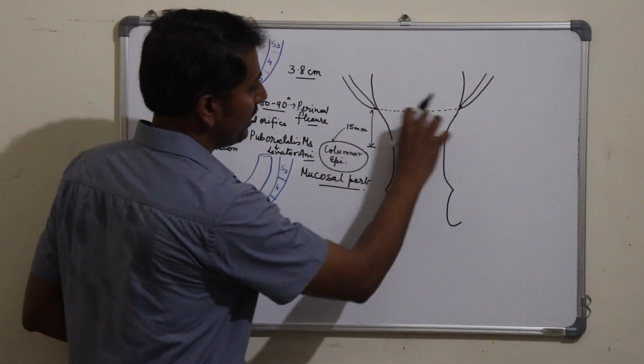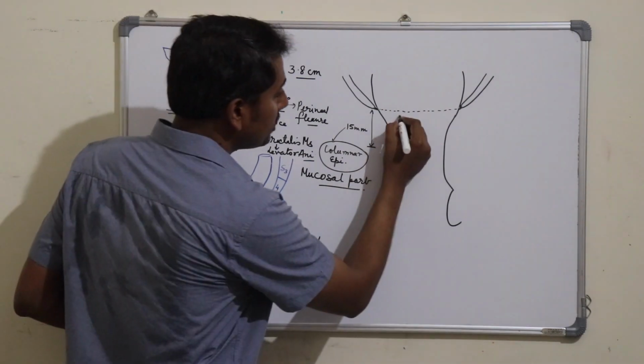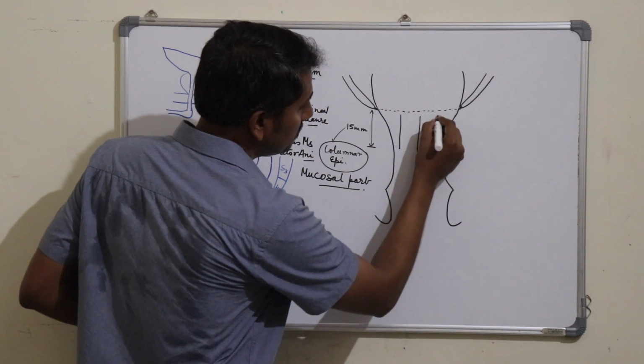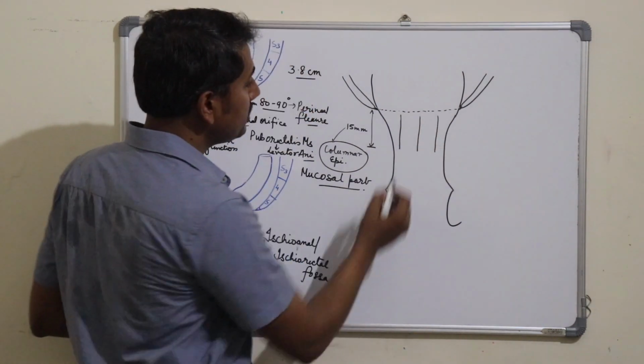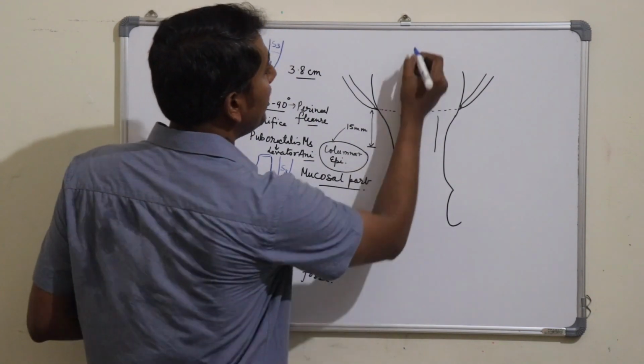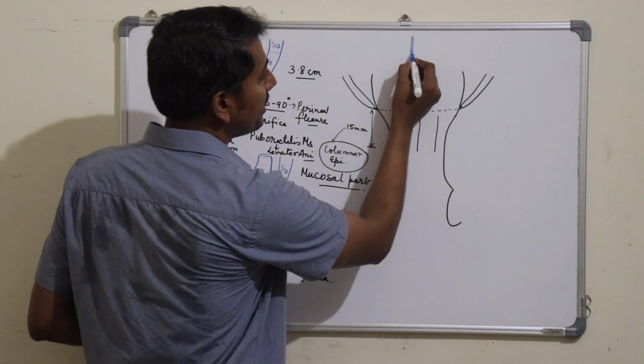The mucous membrane in this mucosal part shows 6 to 10 vertical mucosal folds. These vertical mucosal folds contain radicles of the superior rectal vein. So this is the superior rectal vein.